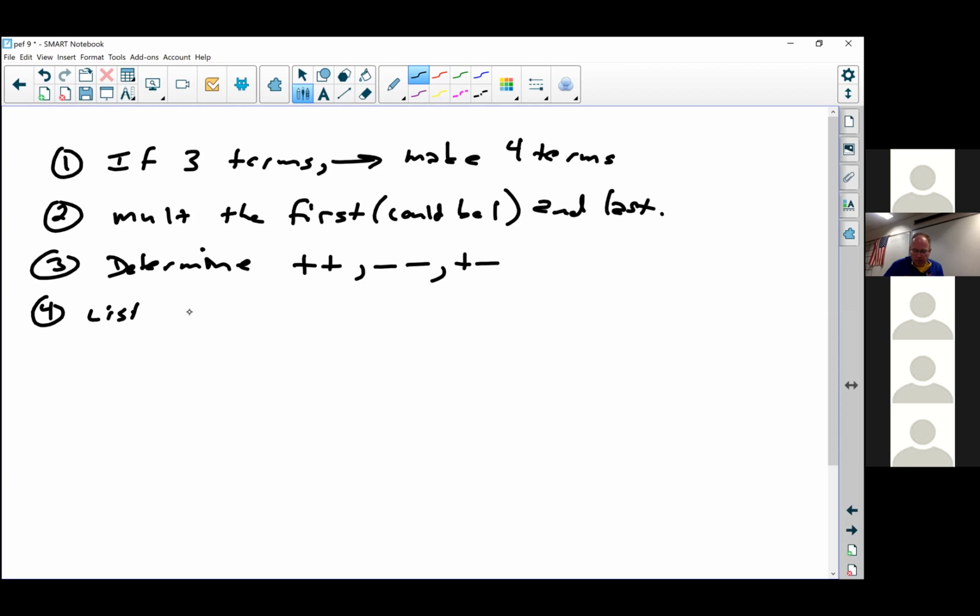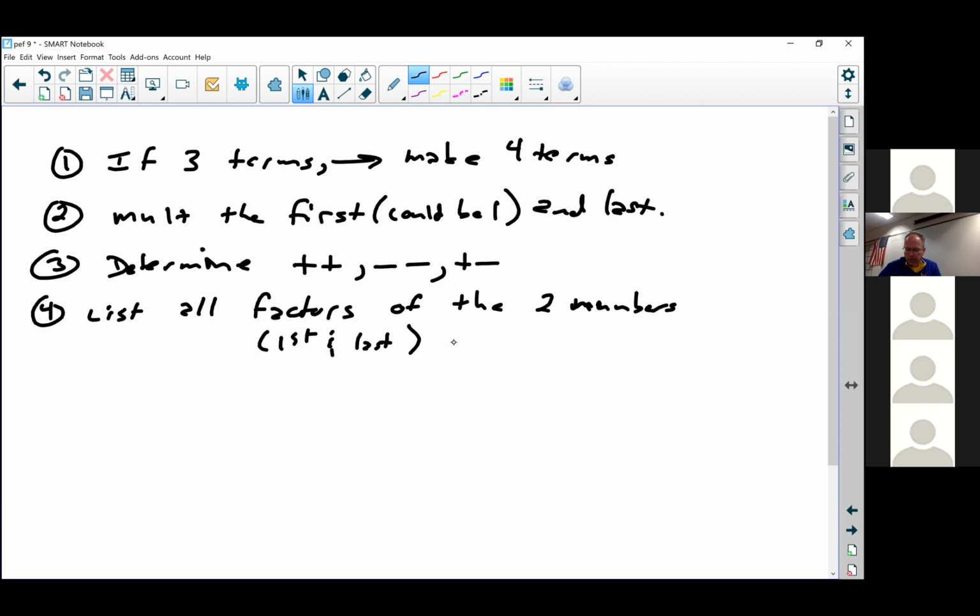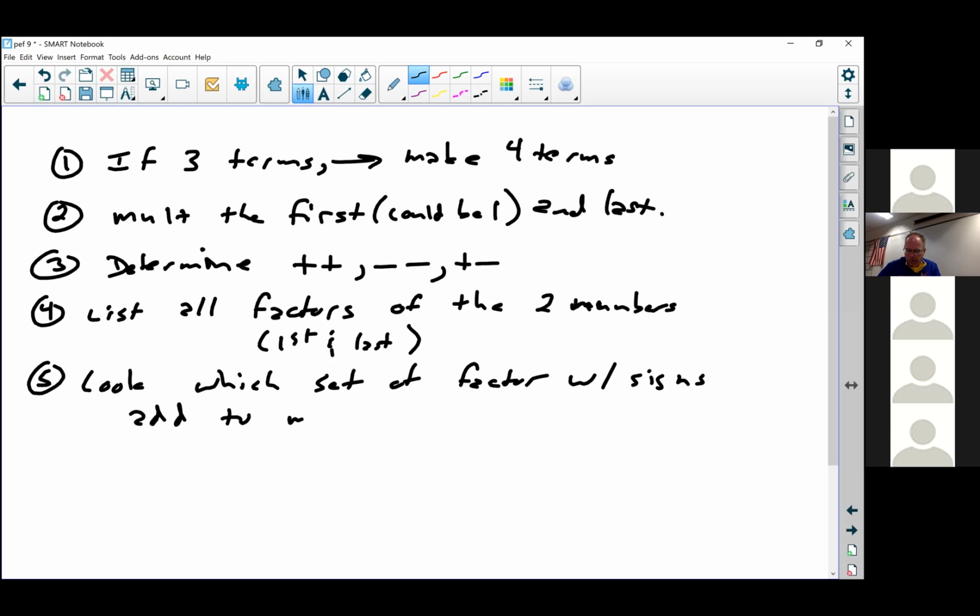List all factors of the 2 numbers multiplied, which is the first and the last. Look to see which set of factors with signs add to the middle.